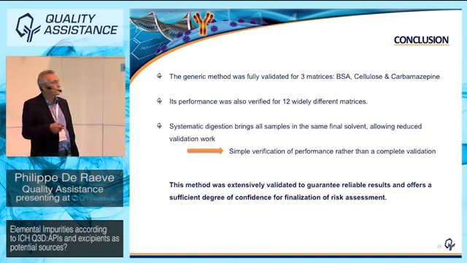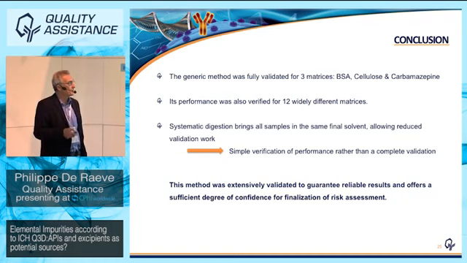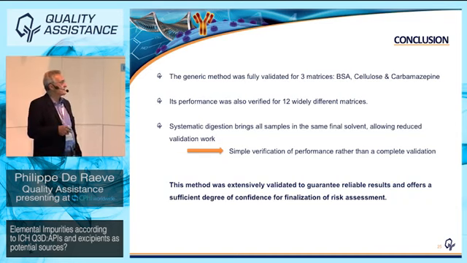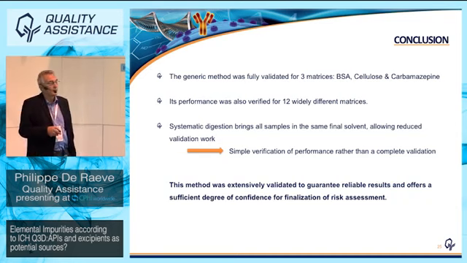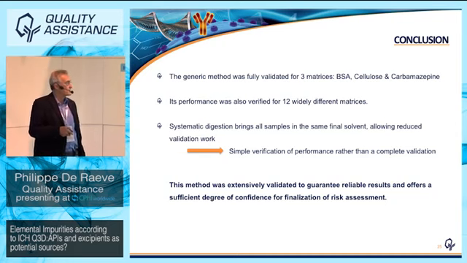In fact, we propose a simple verification of performance rather than a complete validation for a new sample. So this method was extensively validated and guarantees reliable results and offers a sufficient degree of confidence for finalization of your risk assessment.